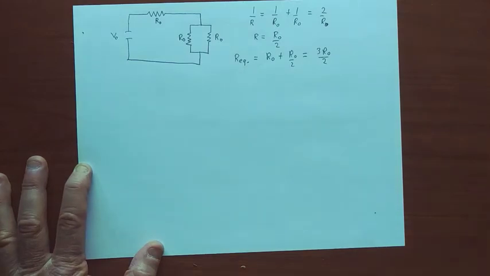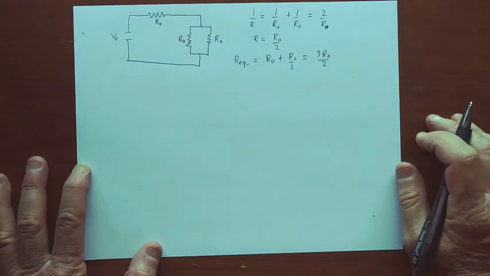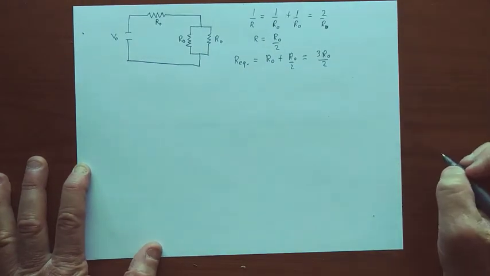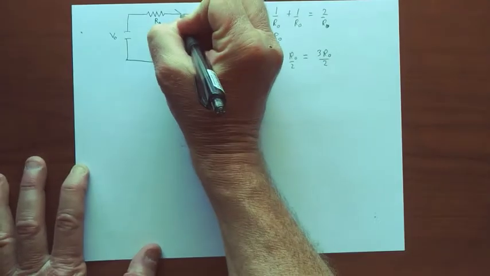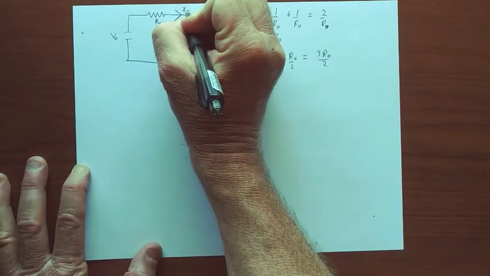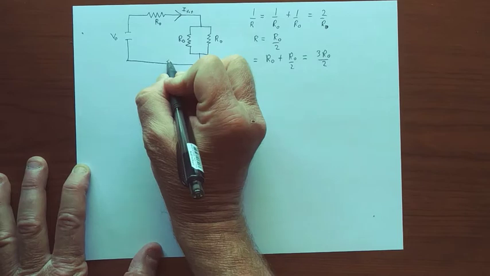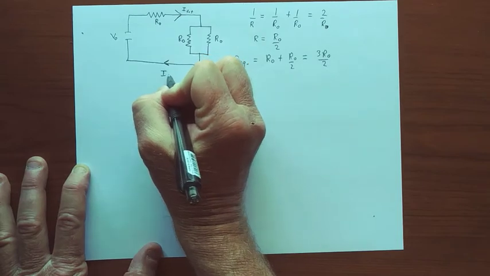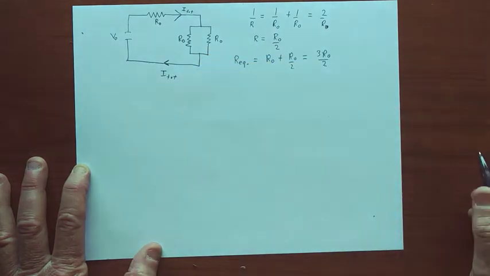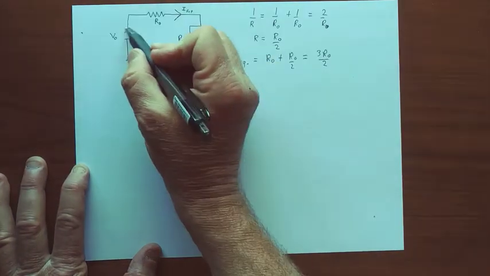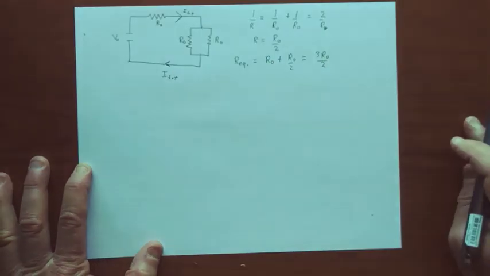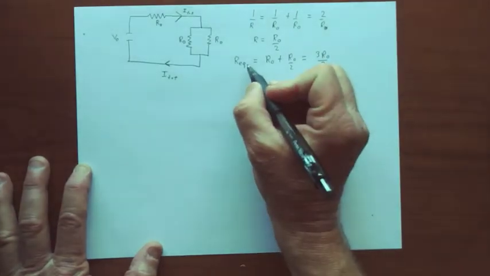Now let's think of the total current, and by that we mean the current that goes through here, I total, and the current through here, I total. What's that? Well, we need the voltage here and the R equivalent.